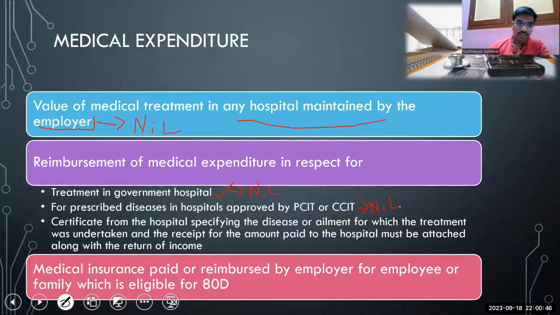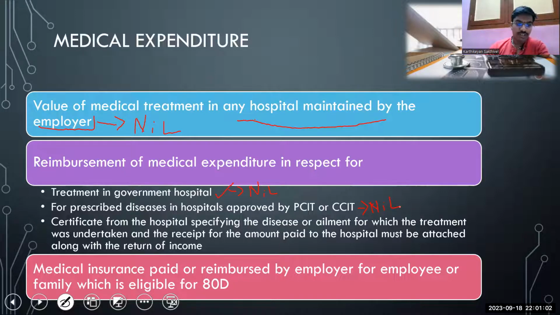Okay, let me put it again. So if you are going to get yourself treated in a hospital which is maintained by the employer, no amount is taxable. If you are going to get a reimbursement for medical expenditure for treatment in a government hospital, value taxable is nil.